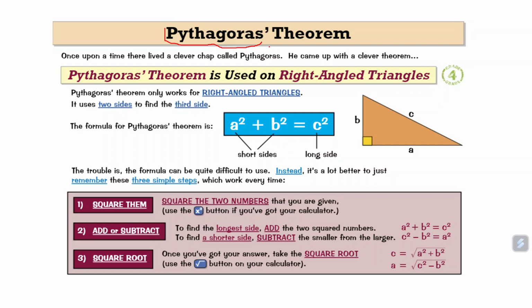What it simply says is that the square on the hypotenuse, also known as the longest side, is equal to the addition of the squares of the two other sides.